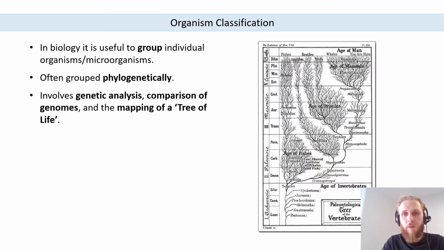Okay, so firstly, when we think about classification of organisms, microorganisms or macroorganisms, so any form of life, we tend to think about phylogenetic classification. So when we say one species is related to another species, for example, we're talking about phylogenetic classification.